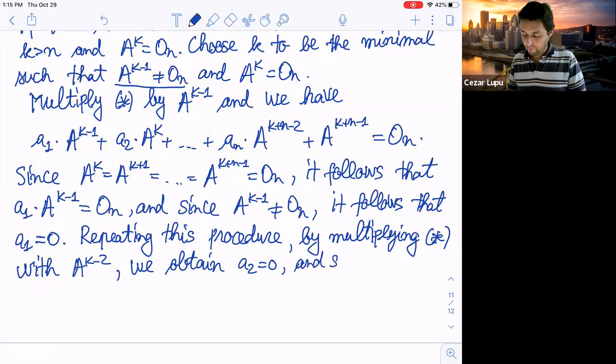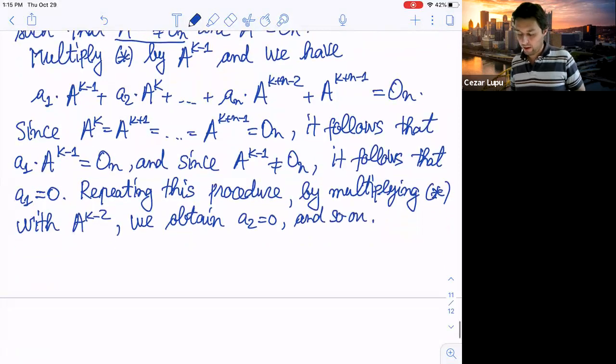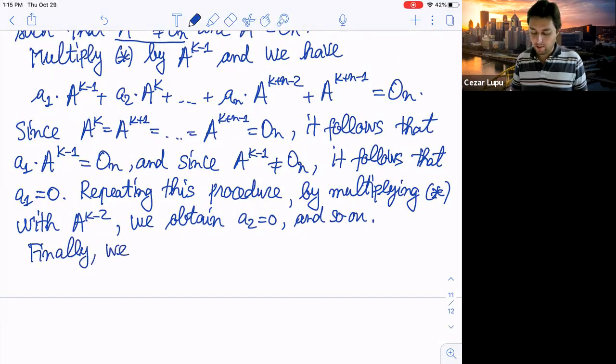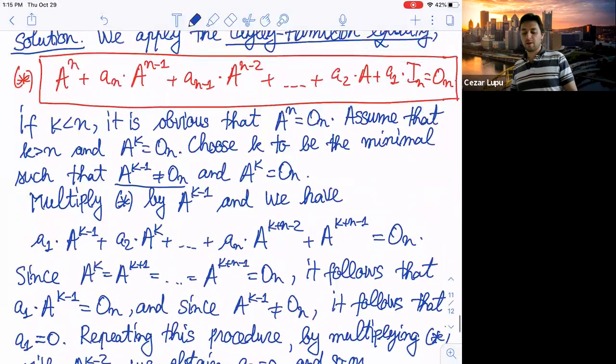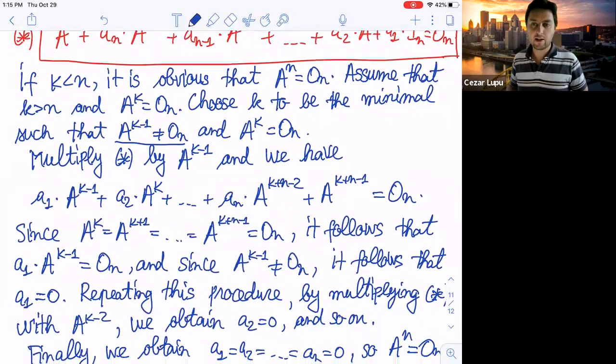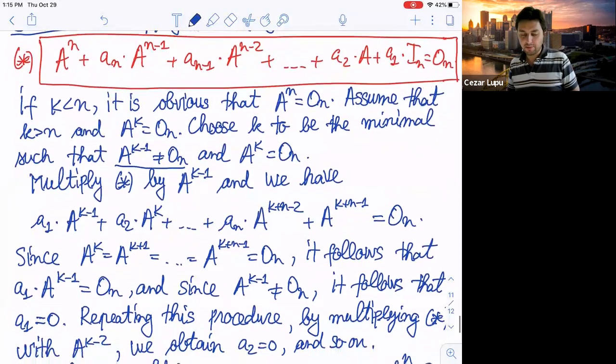So this will imply that finally all these numbers, a1, a2, and all the way to an, equal 0. So a to the power n is the null matrix. That's it. Keep this in mind. You can use this as a lemma. Is it clear for everybody? So you just repeat the procedure. We've done this in the case of n equals 2 and n equals 3. All right.